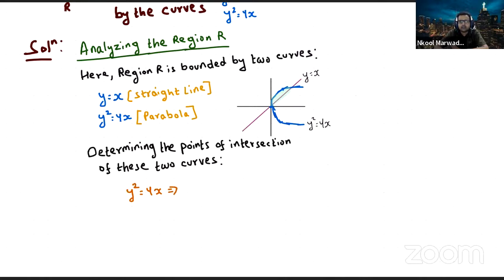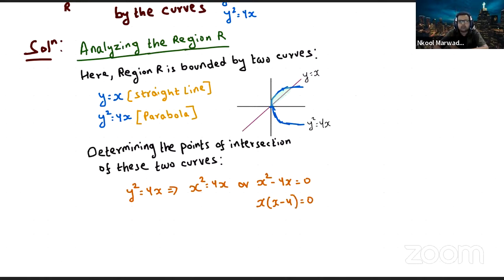I will write x square is equal to 4x, or x square minus 4x is equal to 0, or x times (x minus 4) is equal to 0.